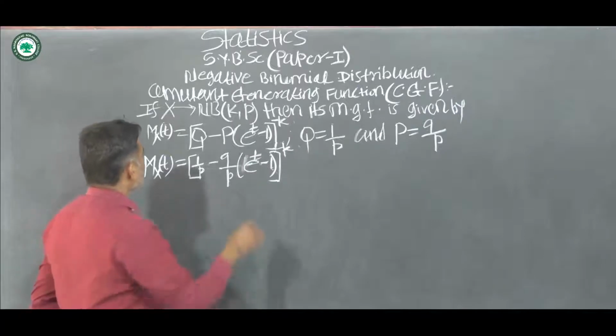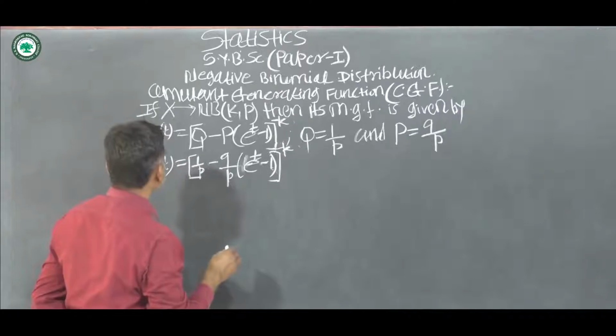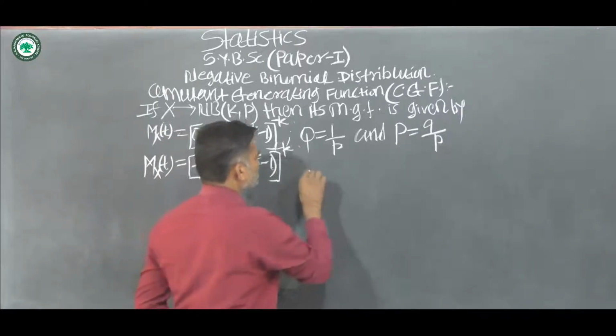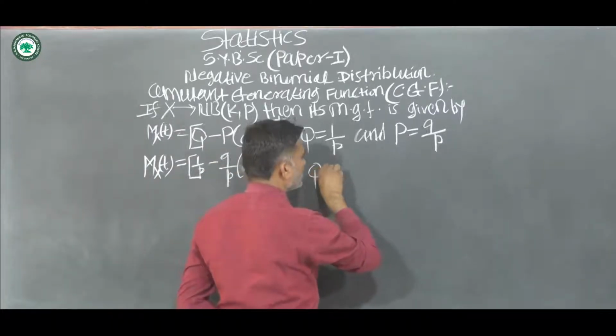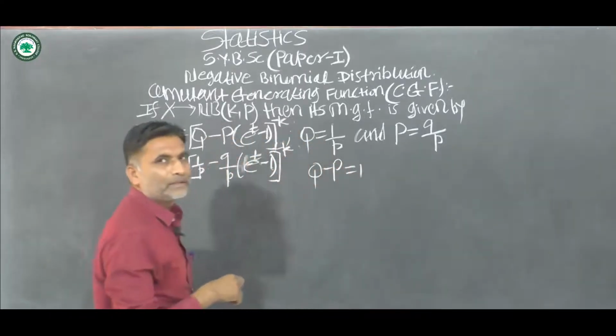Then again, we know that Q minus P is equal to 1.